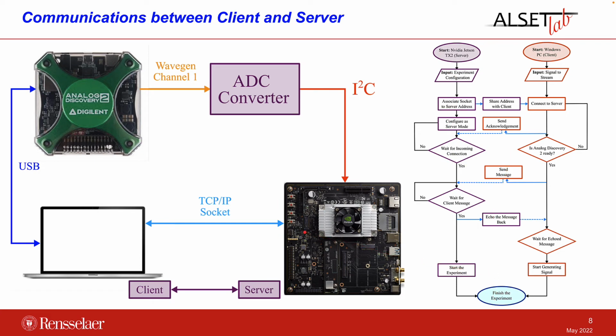Not to spend a lot of time on this slide, basically what we are trying to do with this flowchart is to guarantee that a new signal is not being sent until inference has been completed. We want to give the NVIDIA enough time to complete the inference given one batch of the input signal.